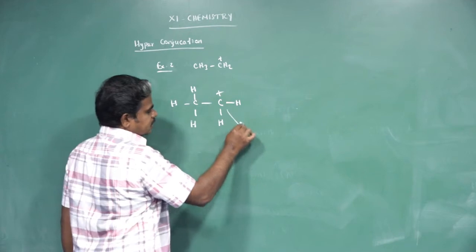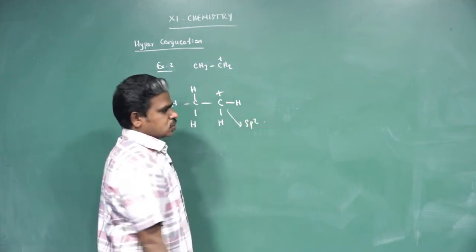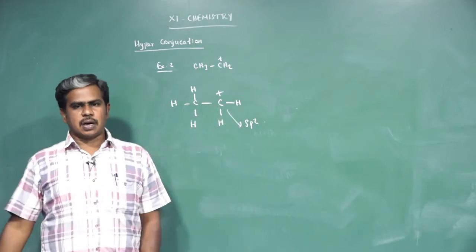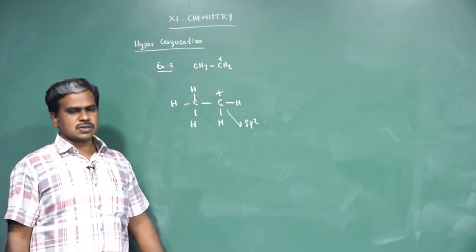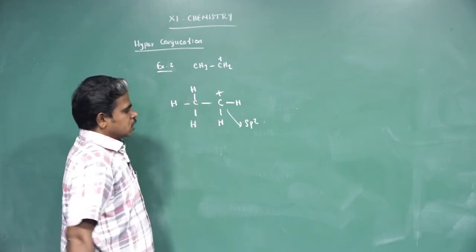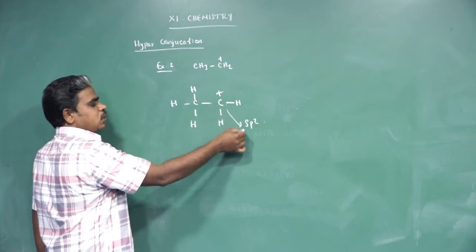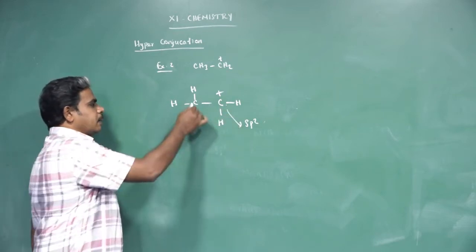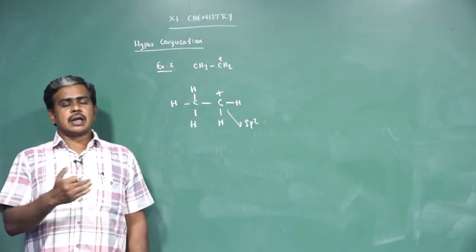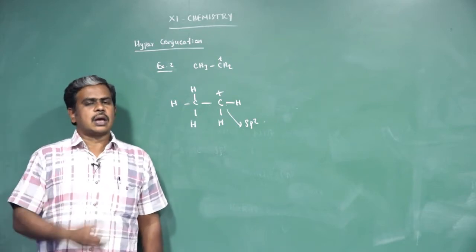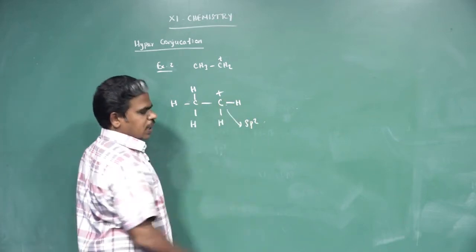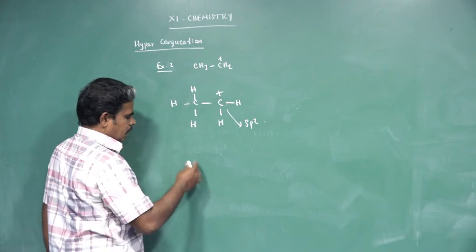Now this is an sp2 hybridized carbon, correct? It has only three sigma bonds, so it is an sp2 hybridized carbon, and it has a carbon and a CH bond. So adjacent to the sp2 hybridized carbon, there is the presence of at least one CH bond, then the molecule will undergo hyperconjugation.